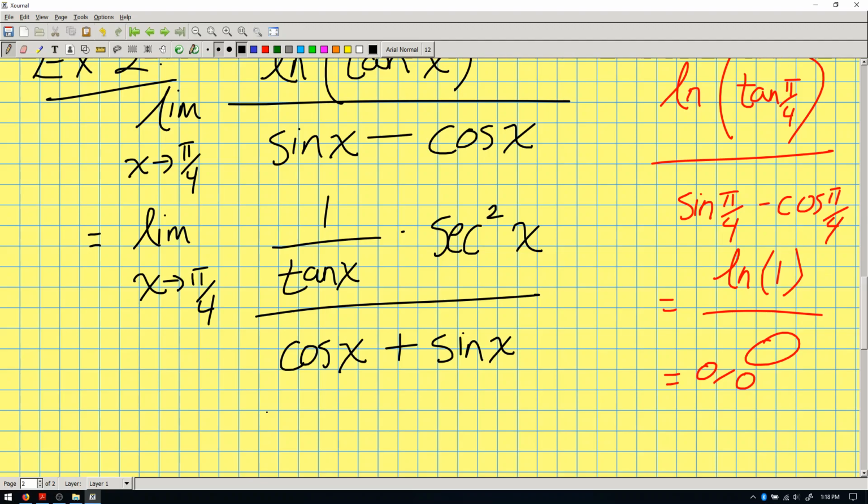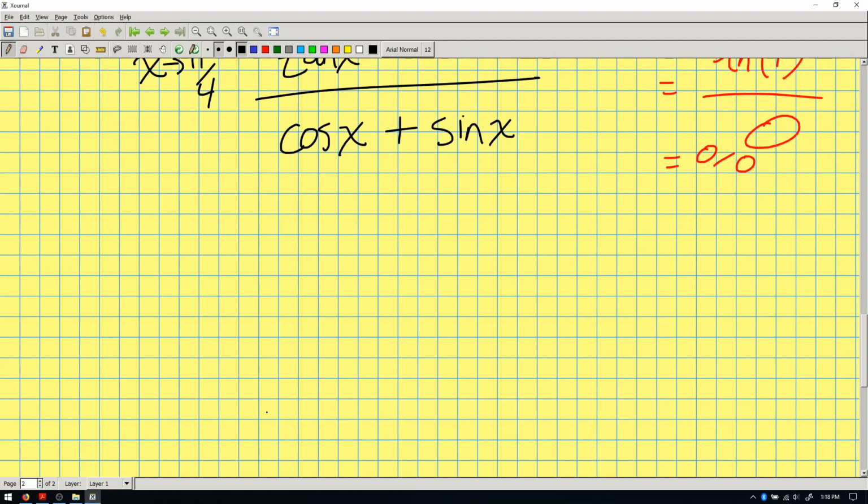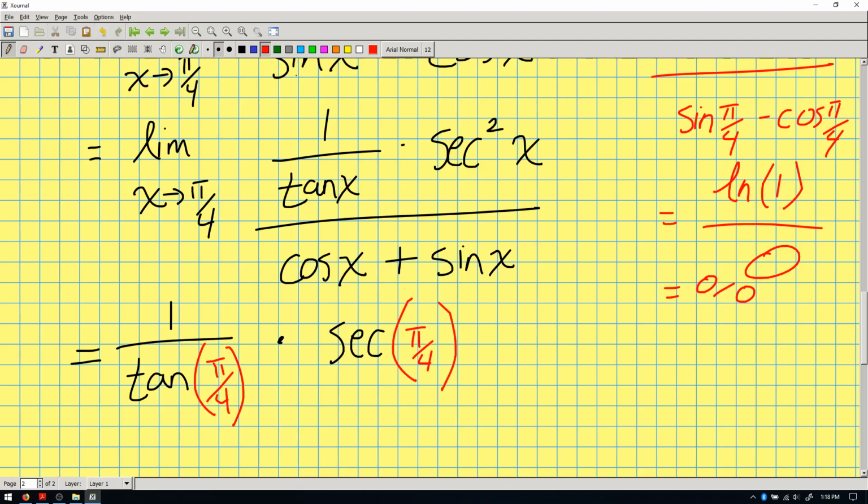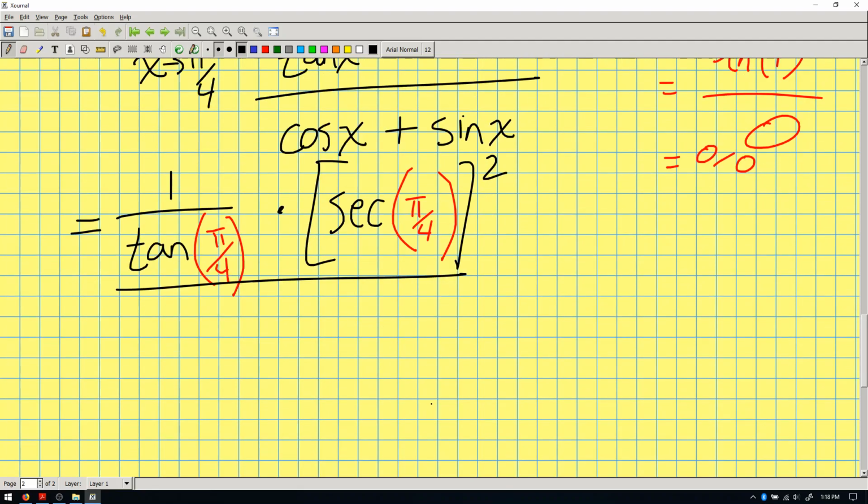Now we can plug in pi over 4 and not have any problems at all. So if we do that, we get 1 over tan of pi over 4, times secant of pi over 4, squared.